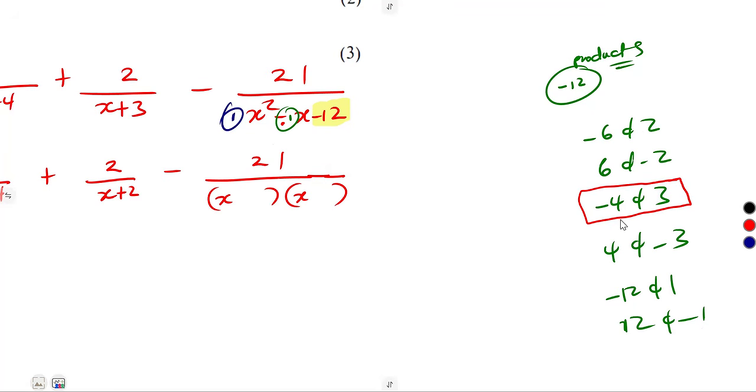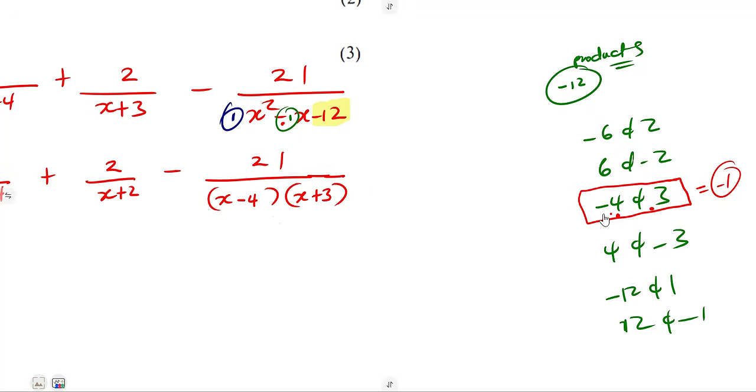If we add negative 4 to positive 3, it is going to give us negative 1. So those are the factors that we are going to need here: negative 4 and positive 3.